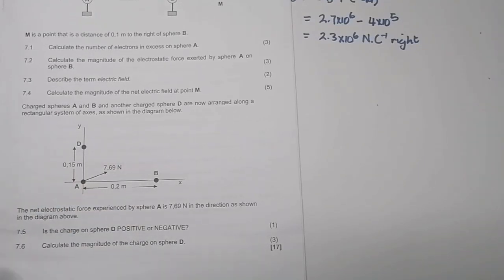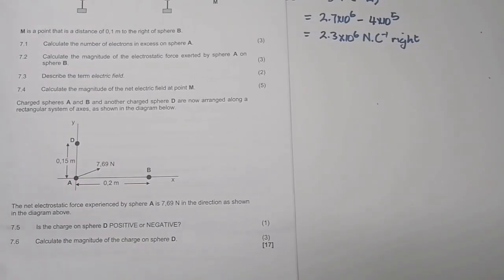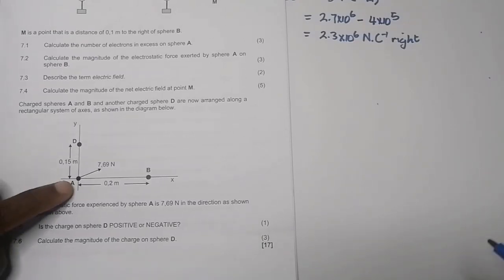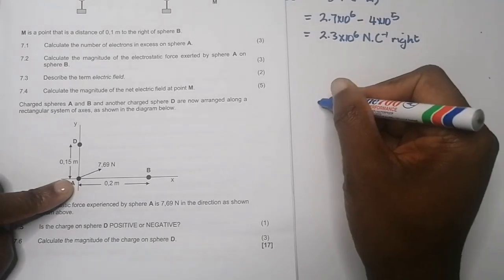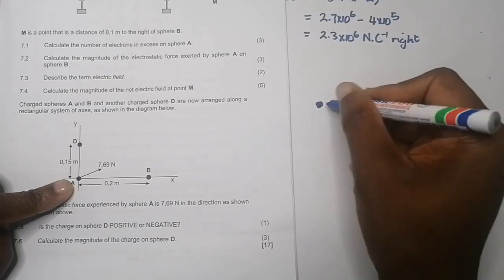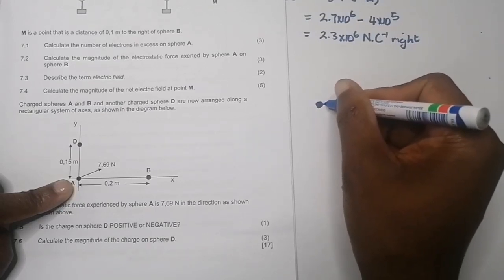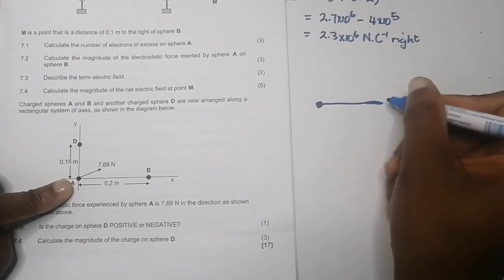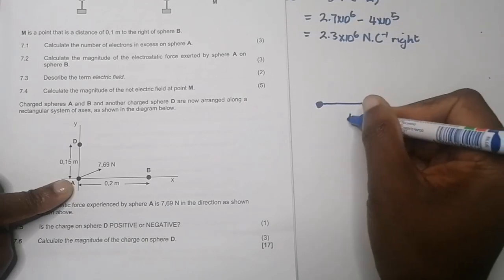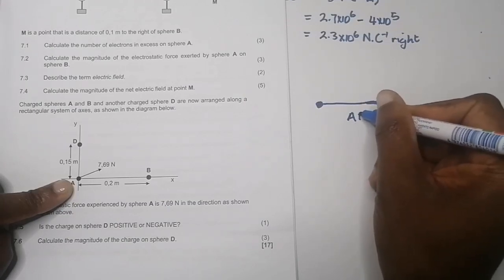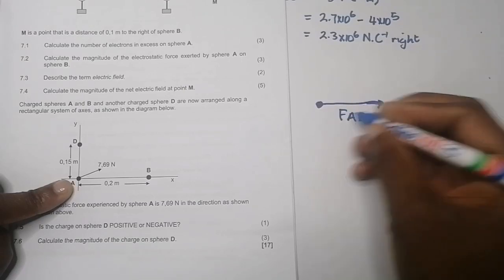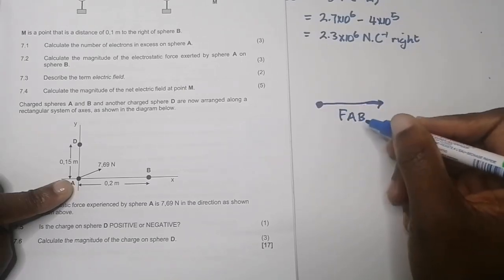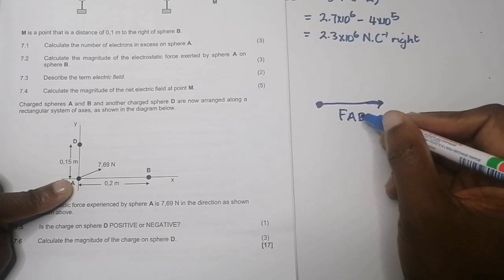Okay, right. Before I look at the question, what this would mean is that if you look at sphere A, it would actually be experiencing two forces. So this would be the force due to A and B. Let's call that force AB, or the force that B exerts on A, whatever you want to call it.